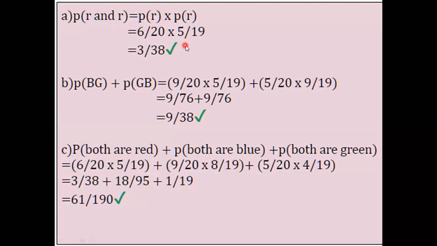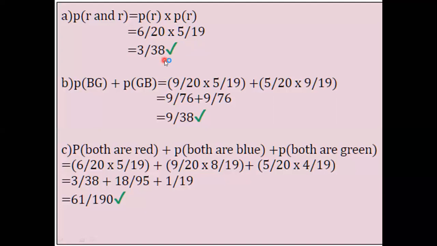Why is it 5/19? The number of red balls has decreased by 1, and the total balls in the bag has also decreased by 1. So the number of red balls in the second selection will no longer be 6, but 5. And the number of balls in total will be 19 instead of 20 in the initial case. Simplifying this, we have 3/38.